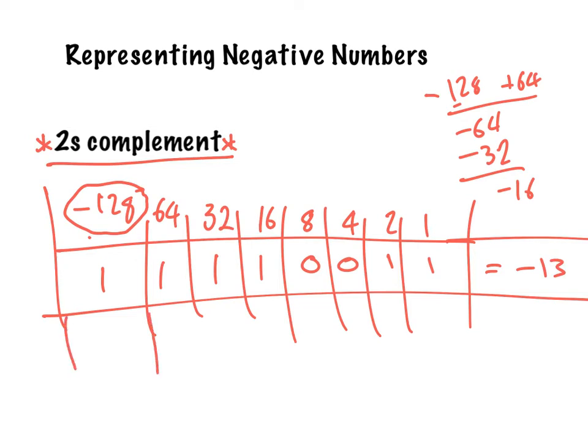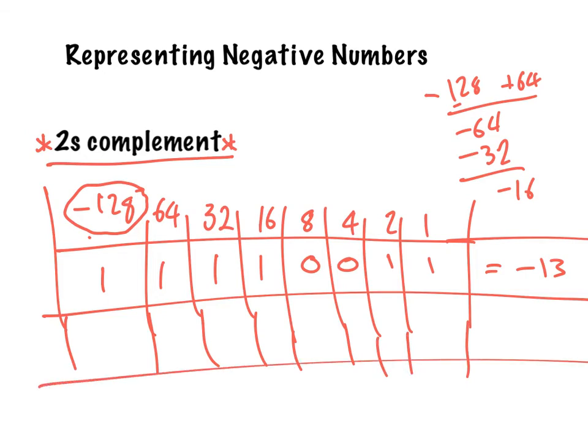Let's try another one quickly. This time I'm going to represent negative 77. Again, the only way I can get this negative part is by putting a 1 in the negative 128.